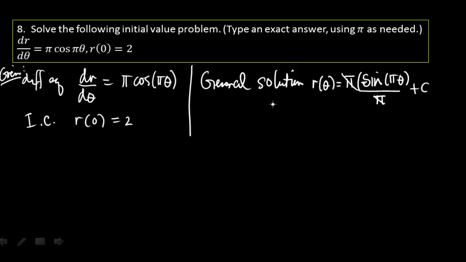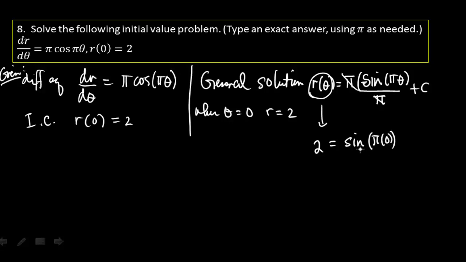So to get the value of c, apply the initial condition. When theta is equal to 0, r is equal to 2. So plug in r equal to 2 right here. So 2 is equal to the sine of pi times 0 plus a constant. What is sine of 0? 0. So c is equal to 2.